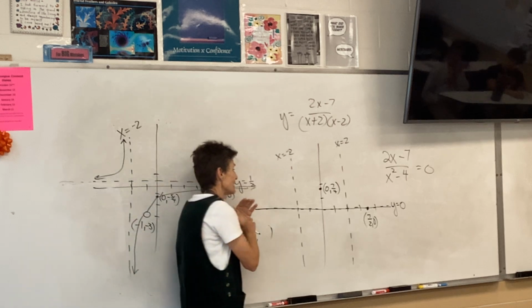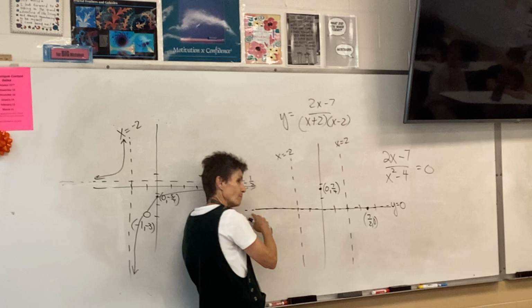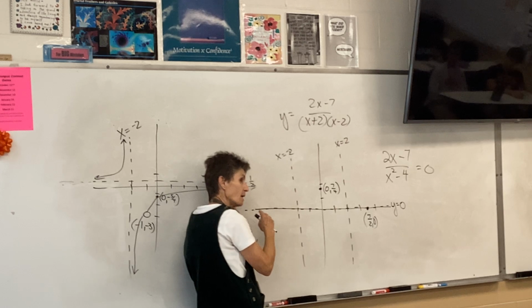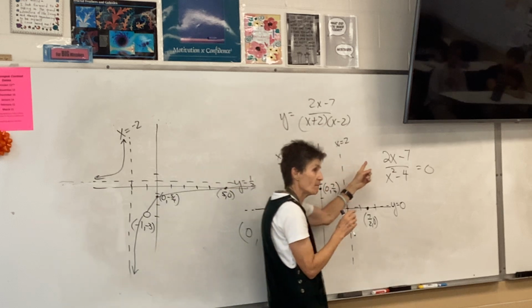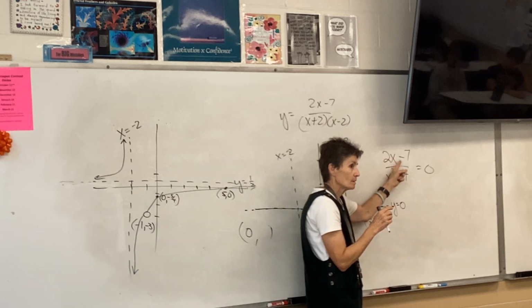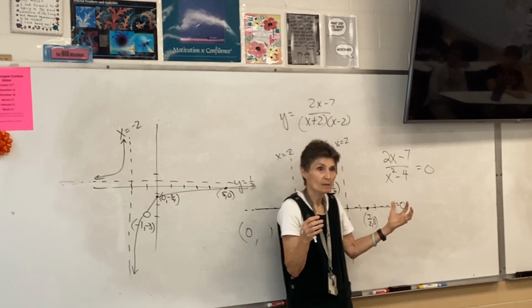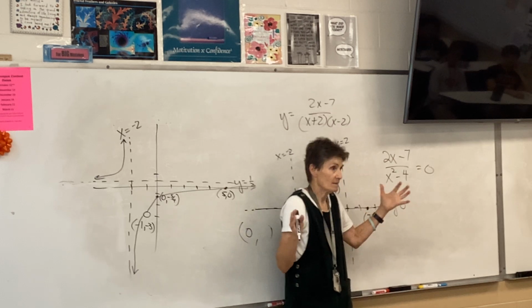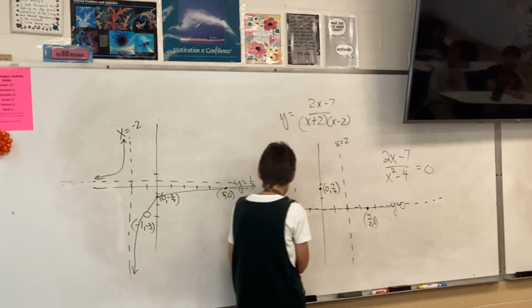But what is this? It's a horizontal asymptote, but where is it coming from? It's the limit as x gets really, really big. They're called horizontal asymptotes or end behavior asymptotes. So where are the ends? The ends are out here, right? These are the ends.